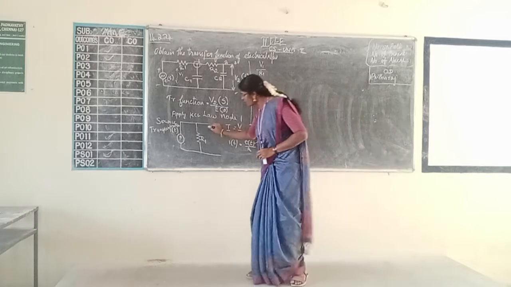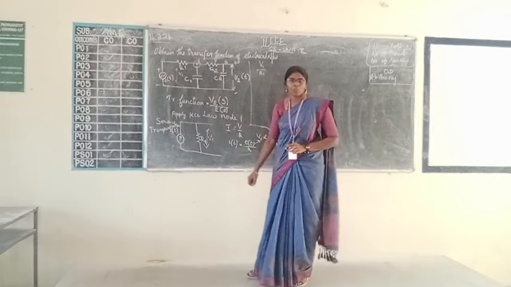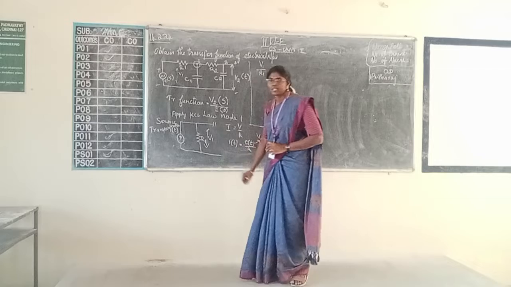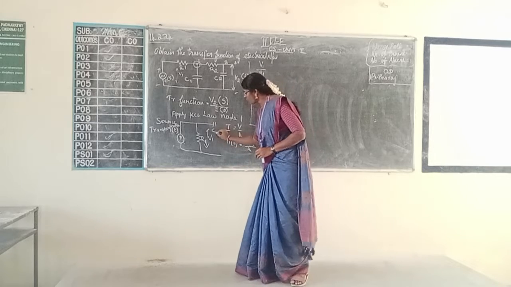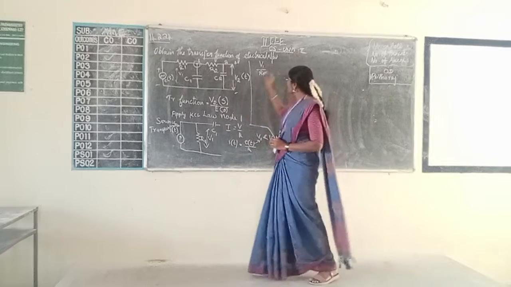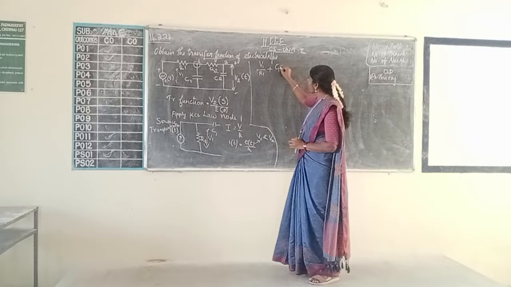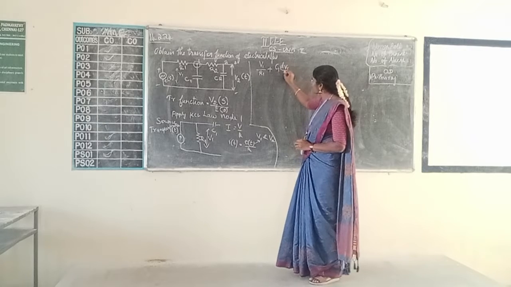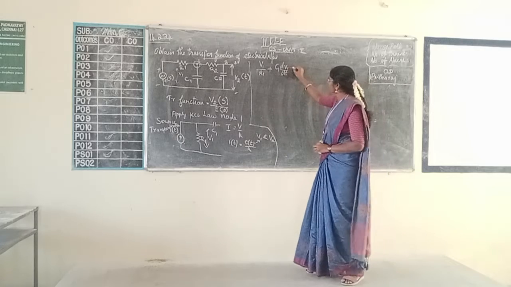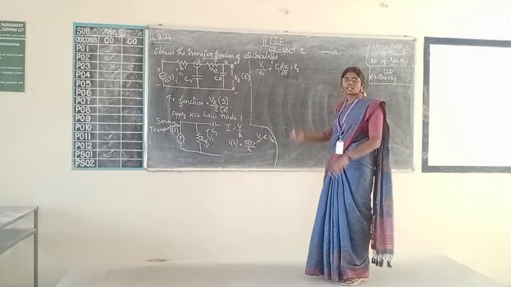Okay, so the parallel capacitance will come in series. Now how will you write the capacitance? This is the voltage source, that is C1, dV1 by dt. Clear? Next, who is there? Resistance R2, which is common to both node 1 and node 2.